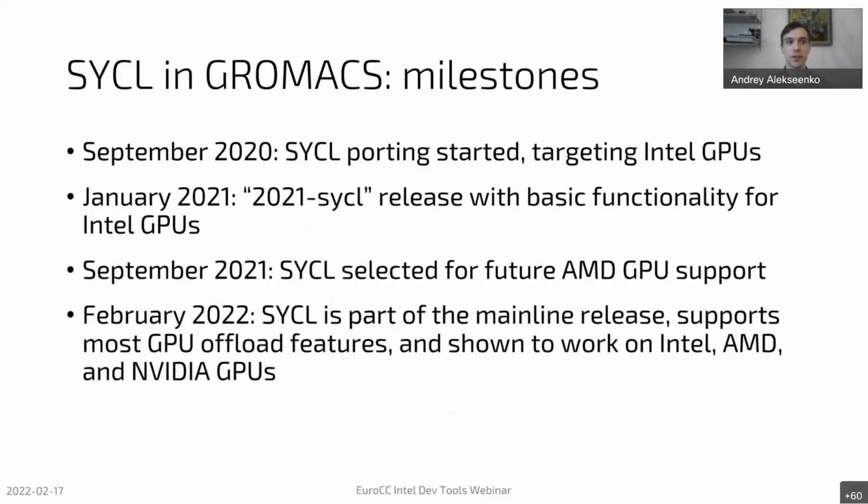So overall, the project started in September 2020 with the initial goal of targeting Intel GPUs. And in January 2021, we already released the first version of GROMACS with some support for offloading non-bonded kernels to Intel GPUs. Then we started also exploring portability, and by September 2021, we made a decision to use SYCL as the main vehicle for future high-performance AMD GPU support.